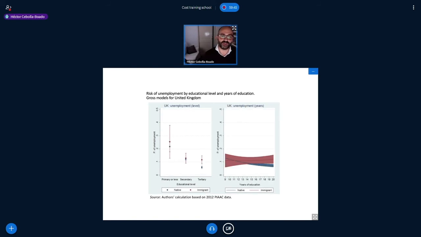This is the picture for the UK. There's less unemployment in the UK than in Spain, as you all know. But the pattern is similar in the sense that it is only among the most qualified individuals in the sample, so the most educated ones, that we see the more significant difference with natives, right?